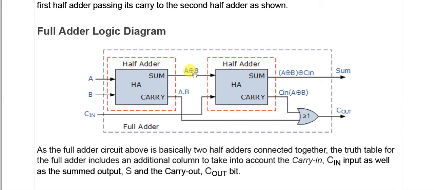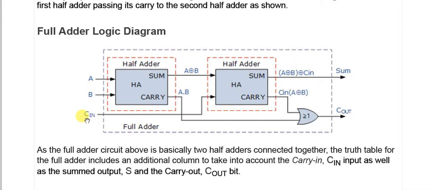Now in this circuitry, we take another half adder, to which the output of the first adder, which is the sum, is fed into the first input. In the second input, the carry bit, which is generated by the first half adder, is fed in.